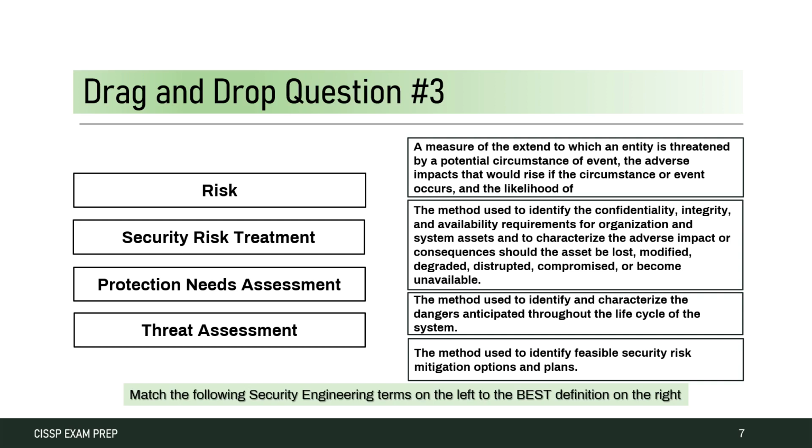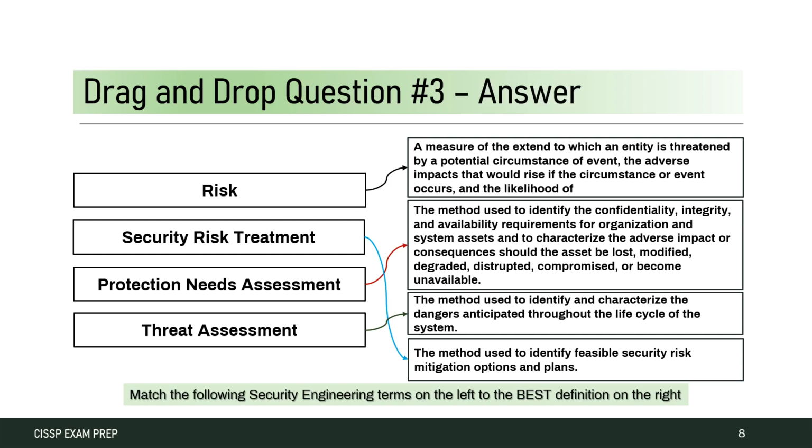What is protection needs assessment? And what is threat assessment? Okay, think about this slowly. Okay, so 5, 4, 3, 2, 1.